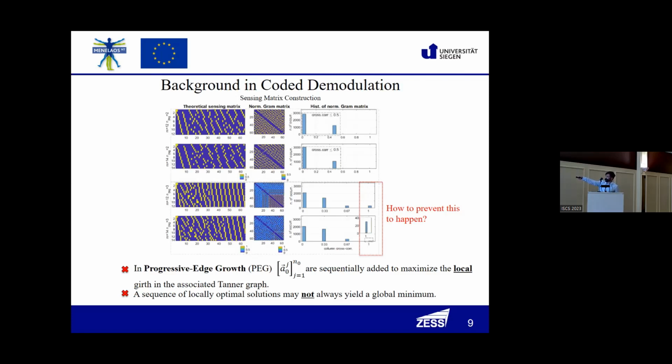As you can see there, when we have a number of rows equal to 14 and 3 non-zero elements per column, we have some cases in which there is a repetition of similar columns. So how can we prevent this?